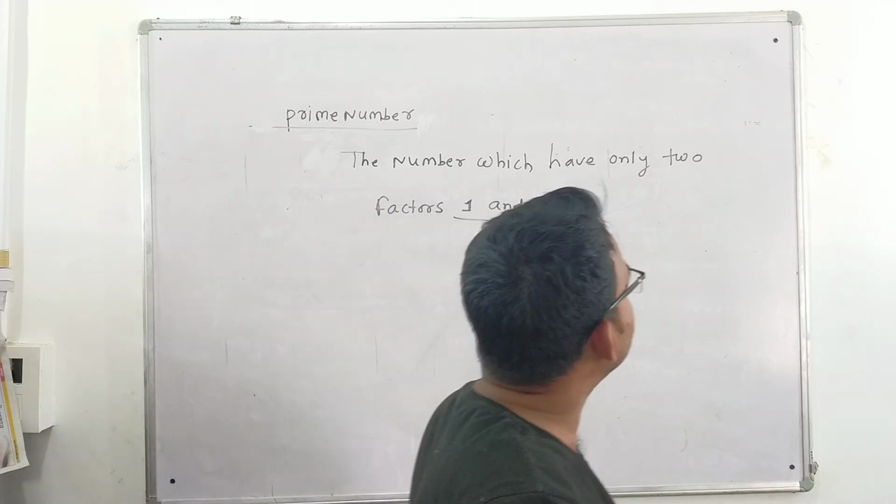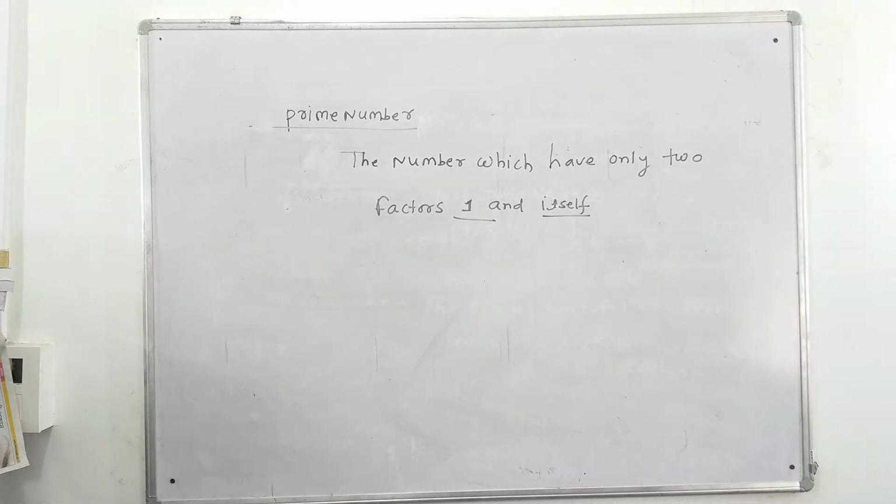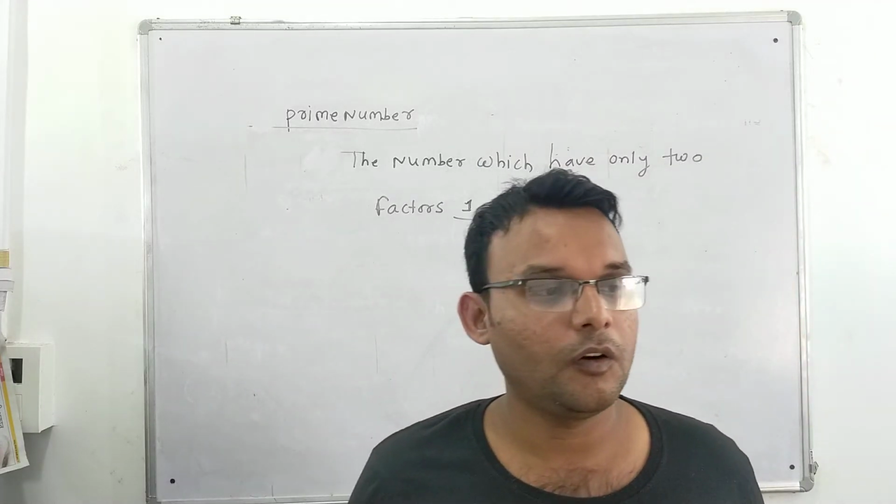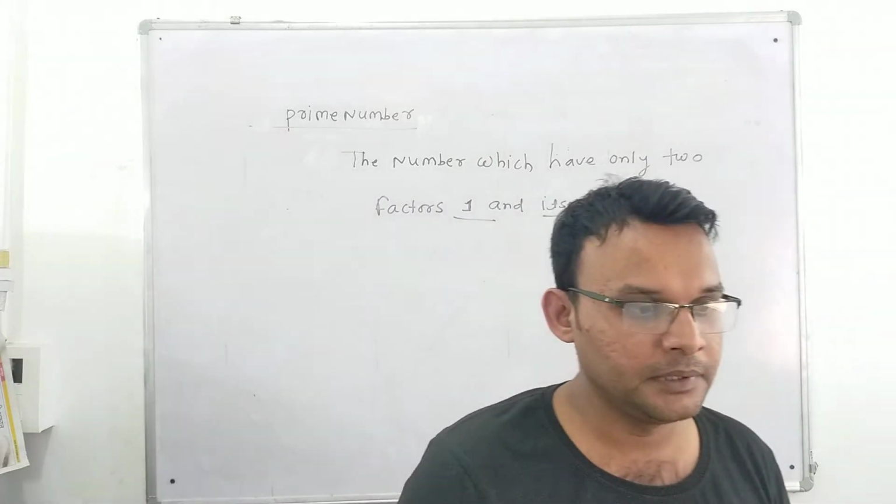Any number which has only two factors, one and itself, all these numbers are called prime numbers.